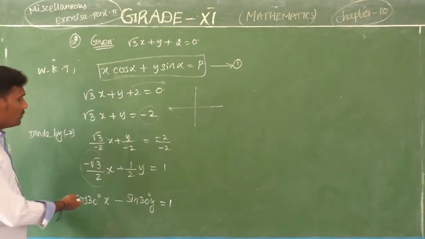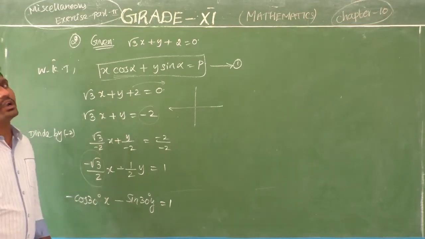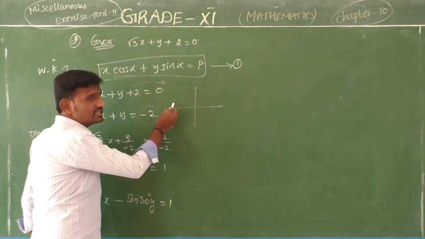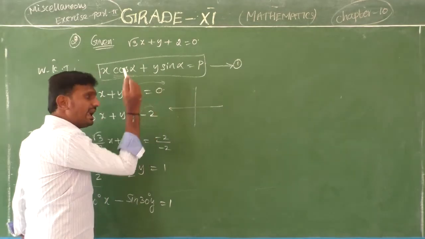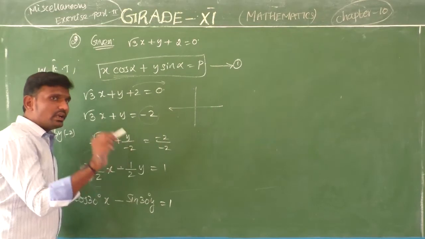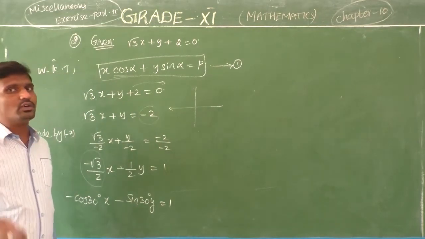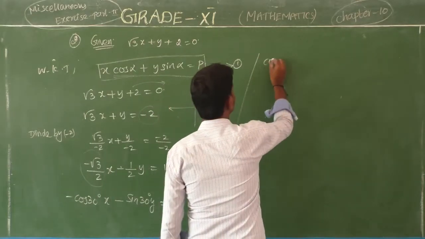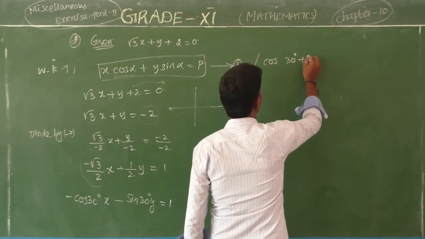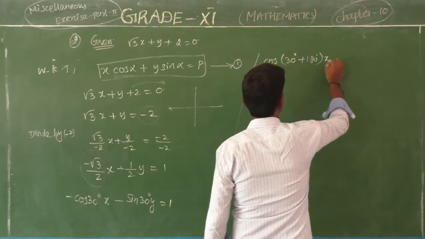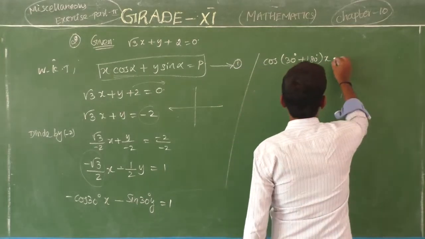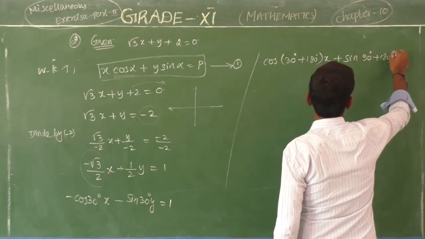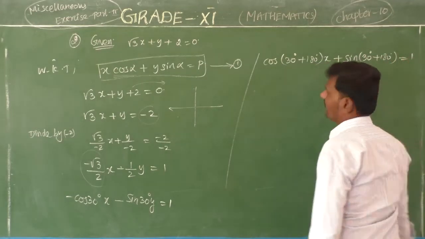So I am going to add 180 degrees on both sides. Why? Because this is the first quadrant, 0 to 90, this is the second quadrant, 90 to 180, and then the third quadrant is where sin and cos are negative. So cos of 30 degrees plus 180 into x plus sin of 30 degrees plus 180 into y equal to 1.